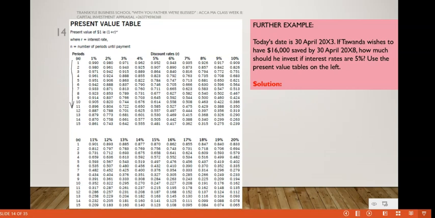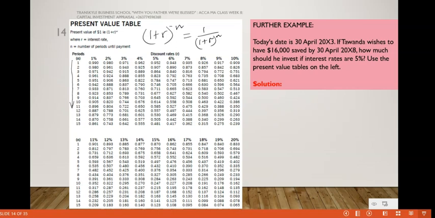So the present value of $1 is equal to (1 plus r) to the power negative n. This is the same as 1 over (1 plus r) to the power n. It's just the same there.